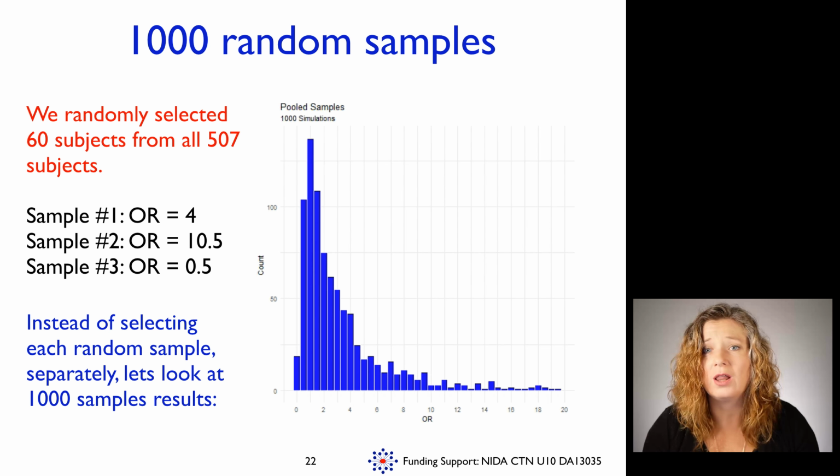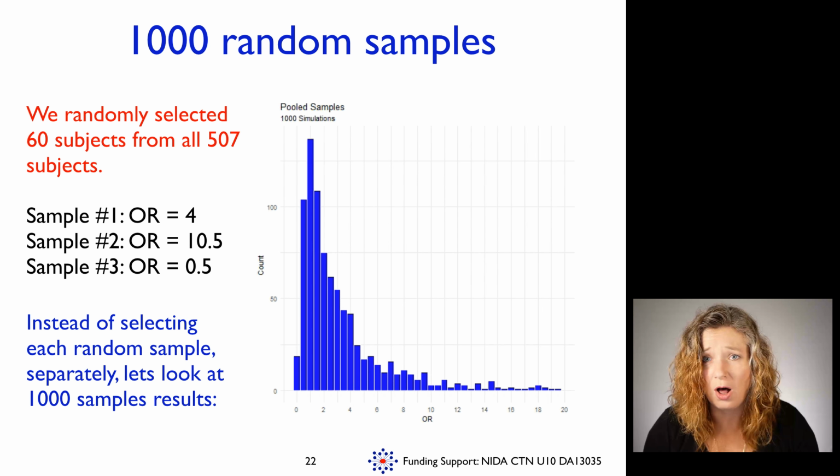So if we relied on one pilot study to inform us what the effect size, what the odds ratio is, we wouldn't know how likely we are to be really far from the truth. If the truth is 2.5 or 2.1, many samples are really far away from the truth.